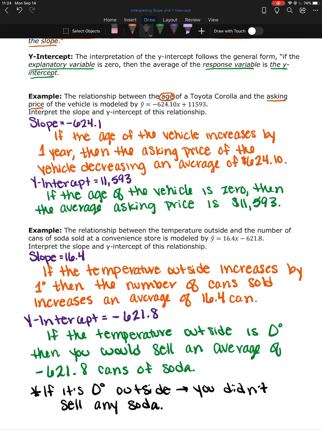So when we're doing these y-intercepts, if you have a negative y-intercept, one of the things you should ask yourself when you go to do that interpretation is, does it make sense to be negative? There are some situations where you could have a negative value, and that's totally fine. But in this case, it doesn't make sense to sell negative cans of soda. That means people are bringing sodas back, and people don't do that. So the reality would be you didn't sell any soda this day. It was too cold out.